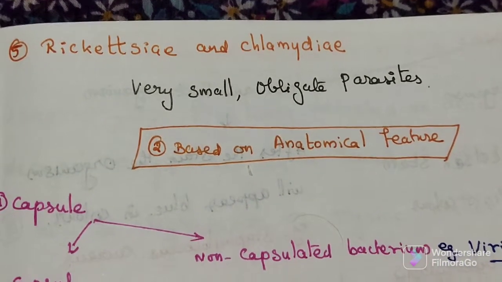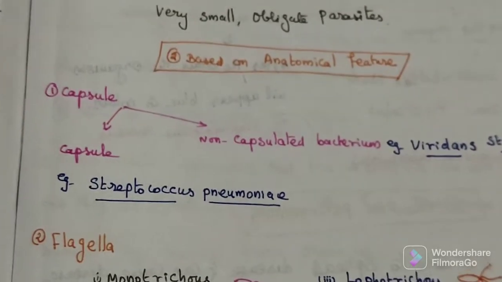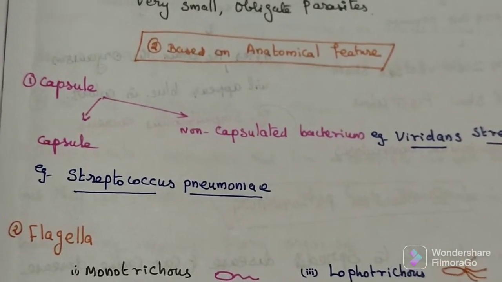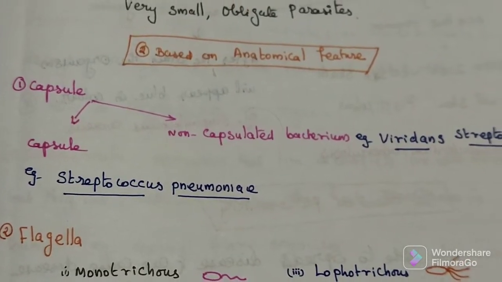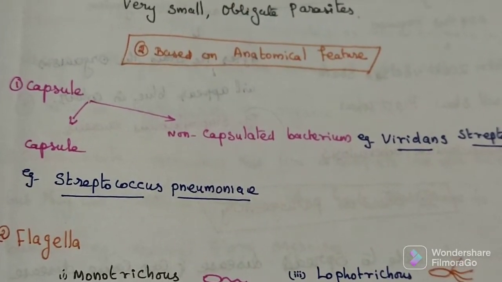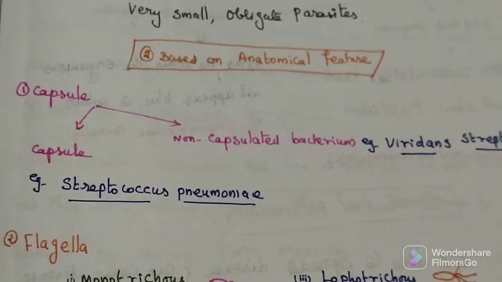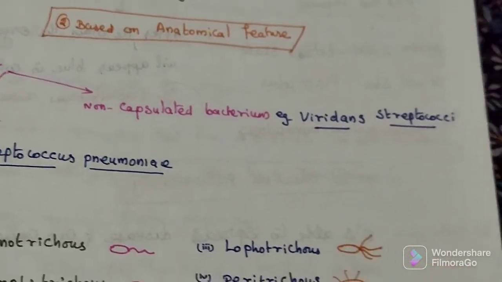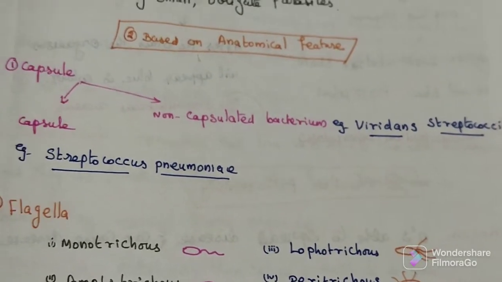Next, classification based on their anatomical features. If a capsule is present, it means capsulated bacterium. If capsule is absent, it means non-capsulated bacterium. Capsulated bacterium example: Streptococcus pneumoniae. Non-capsulated bacterium example: Viridans streptococci.